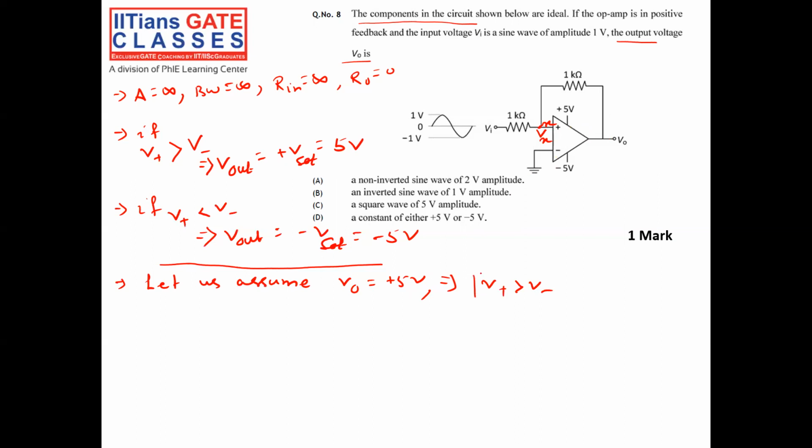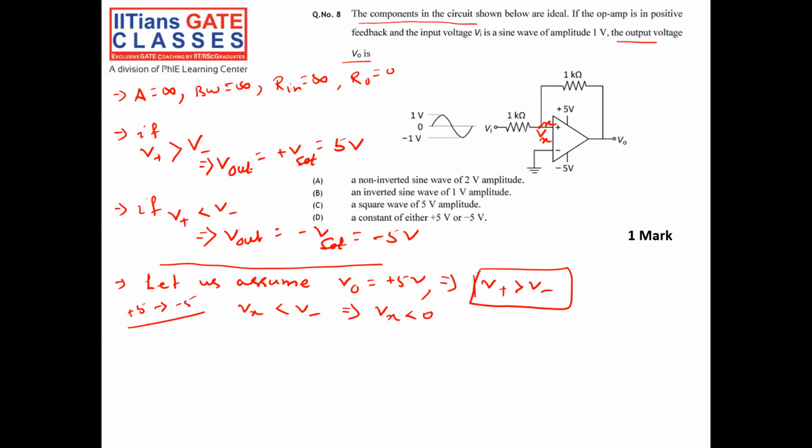So when will the state of the output change from plus 5 to minus 5? It will change when my V plus, which is nothing but Vx, is less than V minus, which implies Vx is less than 0, since here V minus is 0.